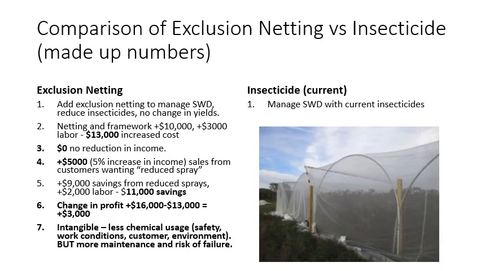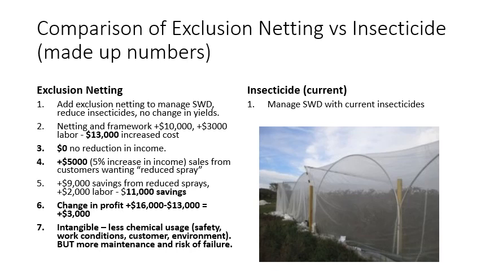So in this example on this slide, I've done a comparison of using exclusion netting versus insecticides to manage spotted winged Drosophila in a berry farm. And these are totally made up numbers, so this is not actually a budget. But let's just say I've got increased infrastructure and labor costs from the netting, so I have $13,000 in increased costs. I have assumed there's no change in yield, so I'm not planning to see a reduction in income if I change from insecticides to exclusion netting.